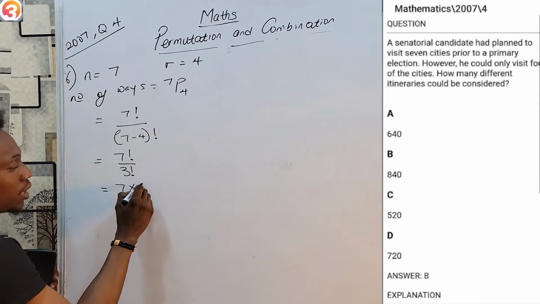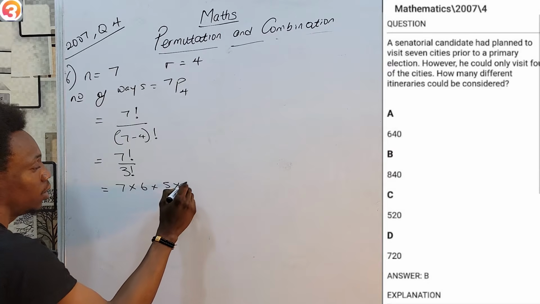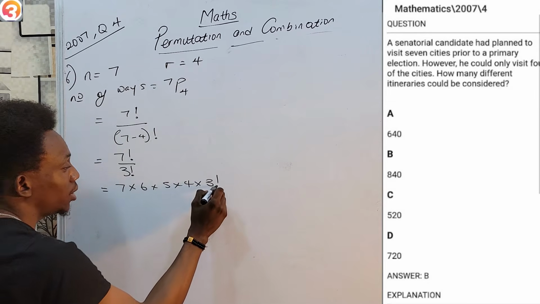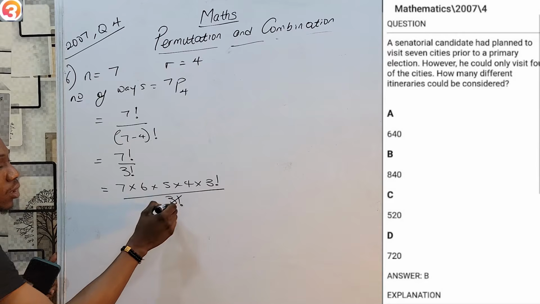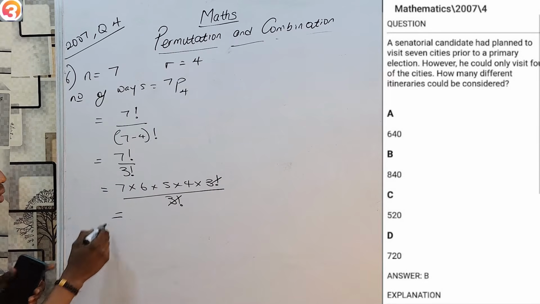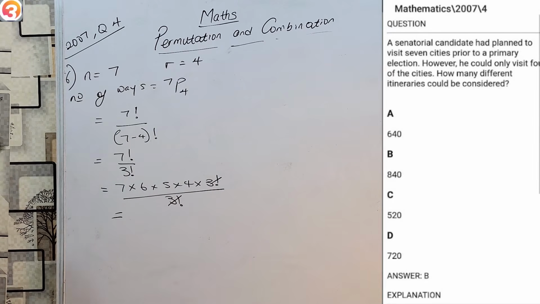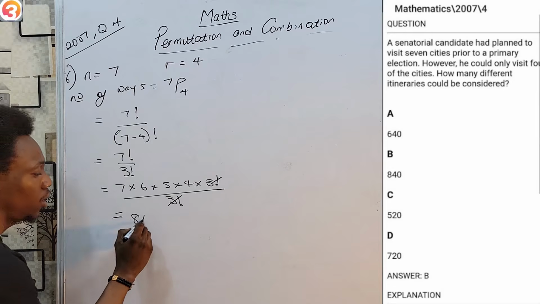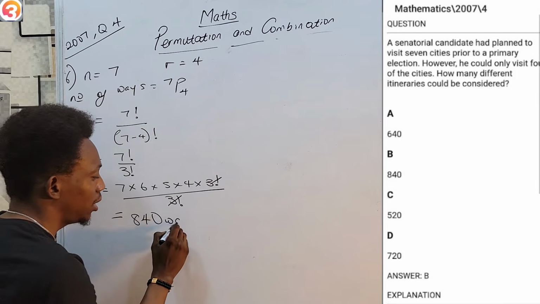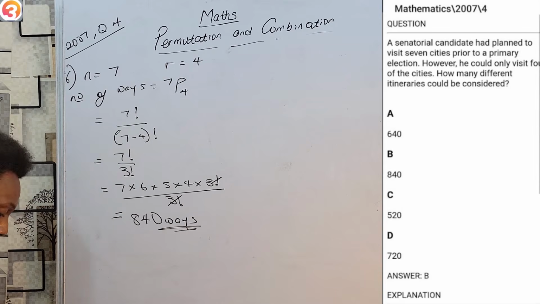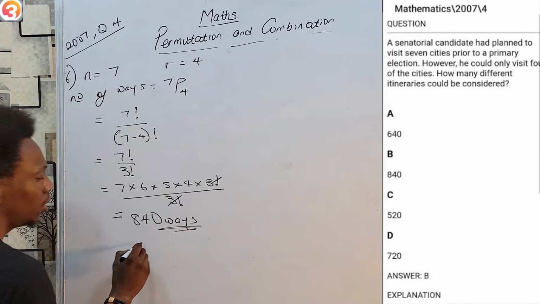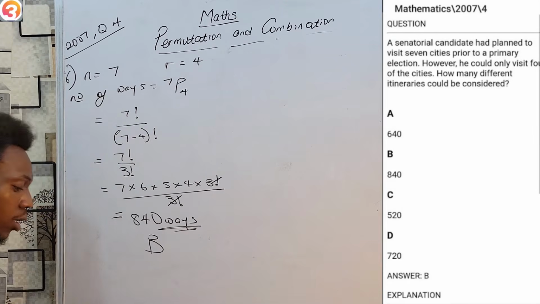That will be 7 times 6 times 5 times 4 times 3 factorial over 3 factorial, because we know these will cancel out. And then we go to our calculator and type in 7 times 6 times 5 times 4, giving me 840 different ways. And when I go back and check my options, I can see that that is option B.